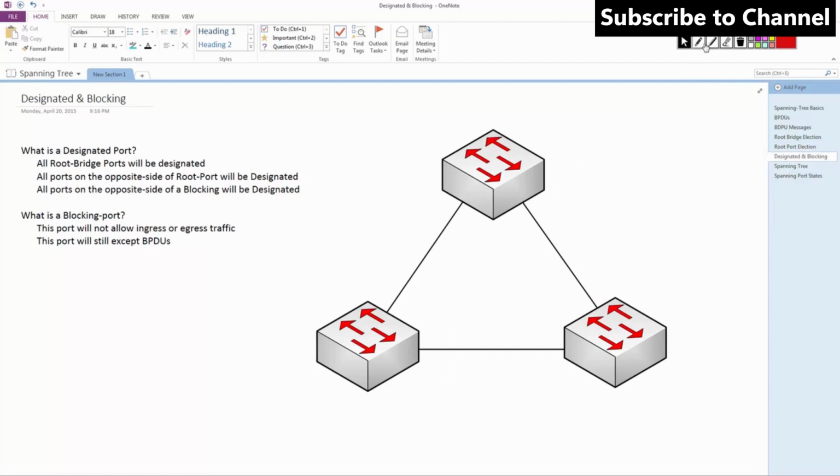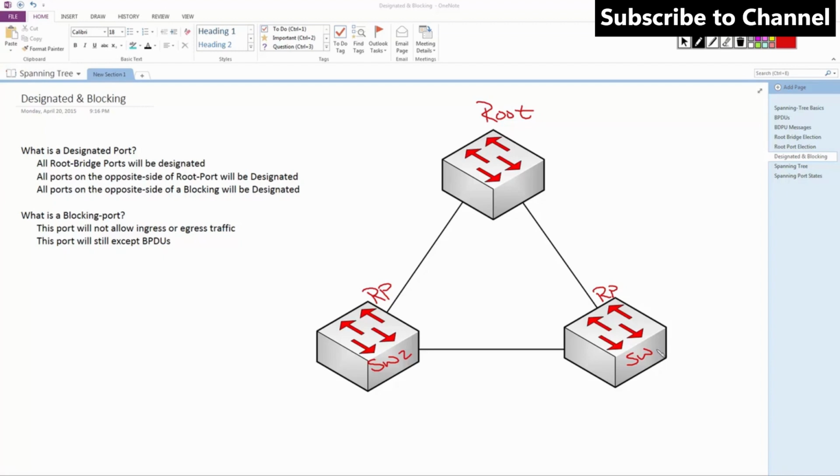So, in our scenario, with our root bridge up here, and our root port here, and our root port here, we have this one link left. Between these switches, we need to determine which one of these ports is going to be blocking and which one's going to be designated.